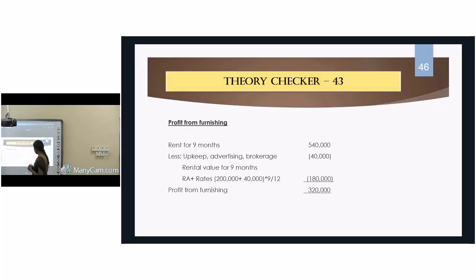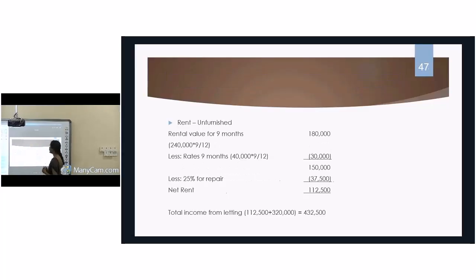Then rent unfurnished. The second part is the unfurnished, so the rental value for the 9 months: 240,000 for 9 months is 180,000. From that you have to deduct rates, for the 9 months 30,000, so the net amount would be 150,000.